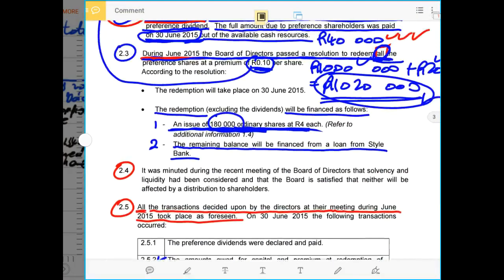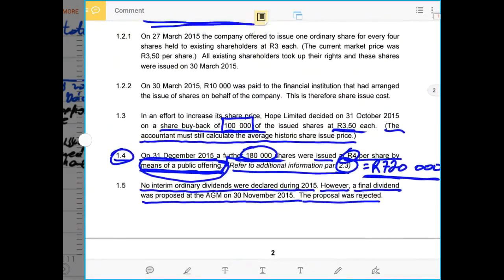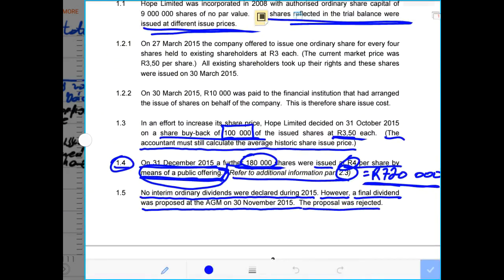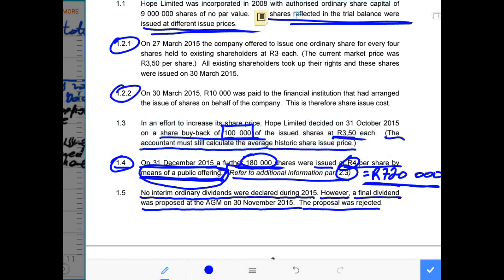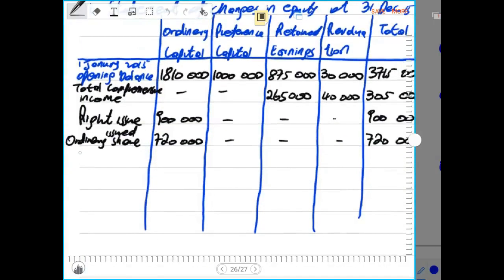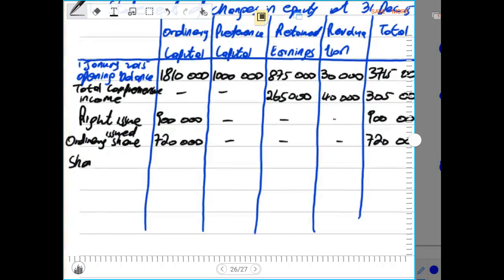Then after, let me check if we have done it all. So now we have accounted for the rights issue. We still have to account for the share issue cost. Let us record that so that we don't forget. Share issue cost is 10,000.